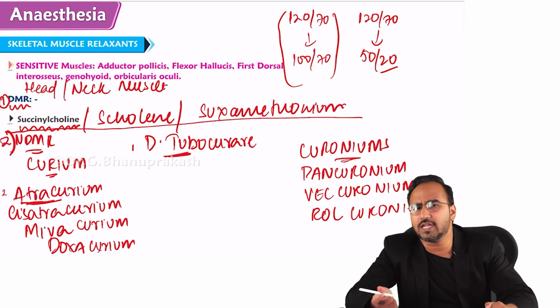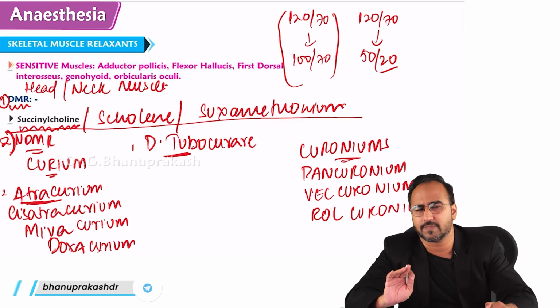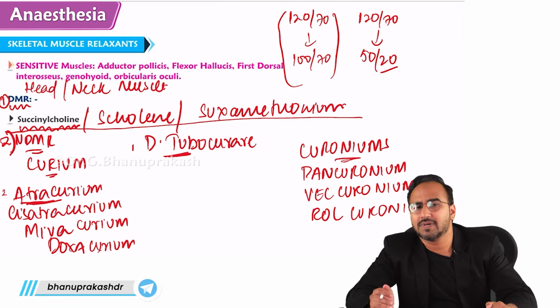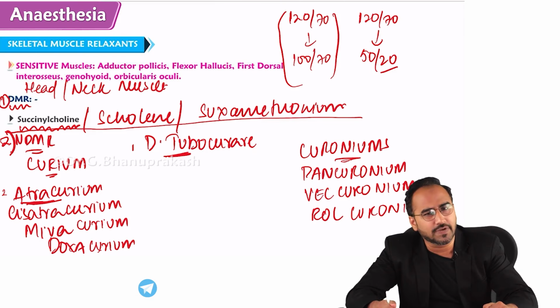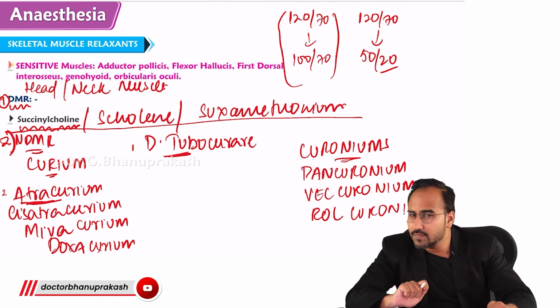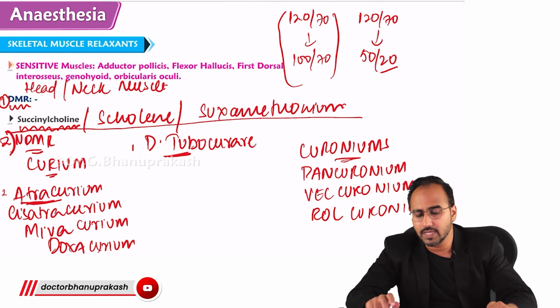That doesn't mean the patient is hypotensive. So remember, guys, Atracurium was a muscle relaxant that was introduced in place of D-tubocurarine, and this Atracurium was causing relaxation of the muscle. At the same time, there was no hypotension. Do you remember, guys? This was one point of Atracurium.